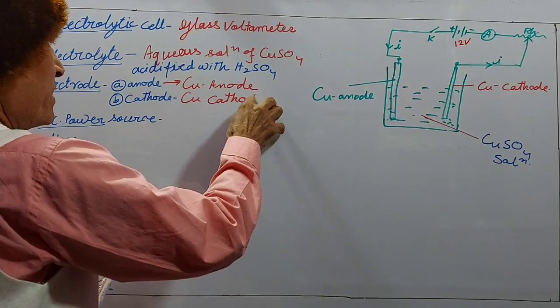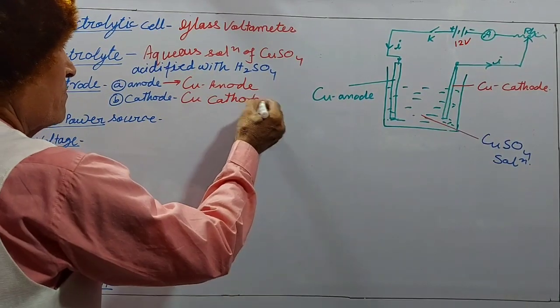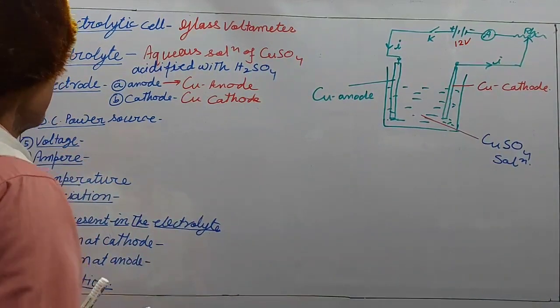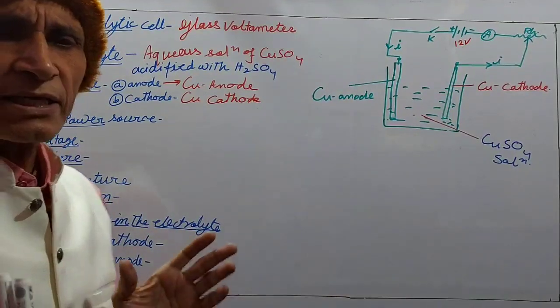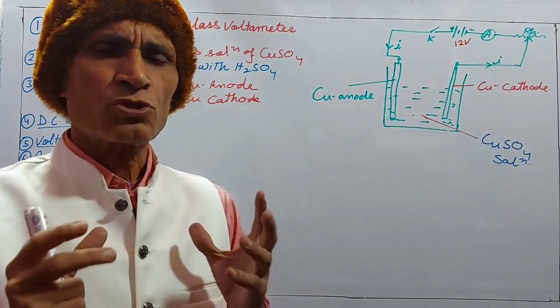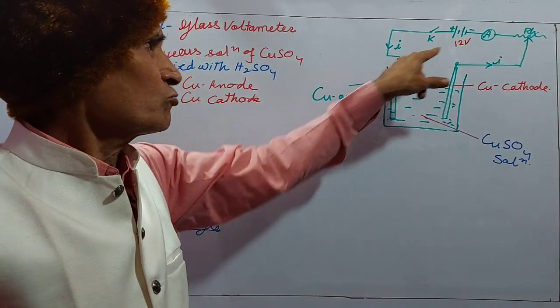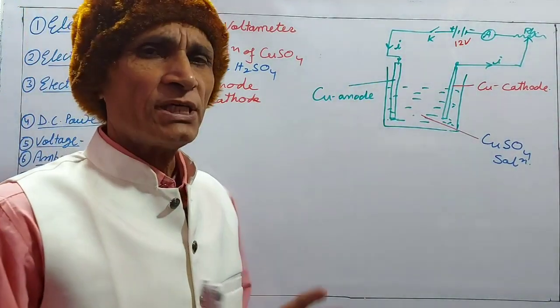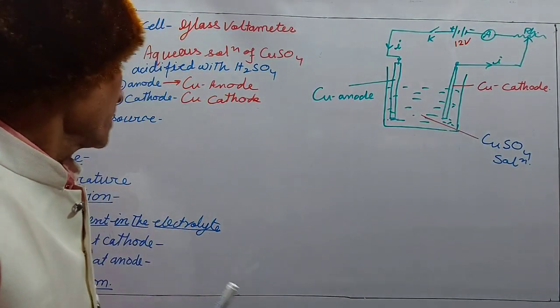Now the next point is the DC power source, direct current source. The source of energy here is a 12-volt battery, used as the source of direct current.